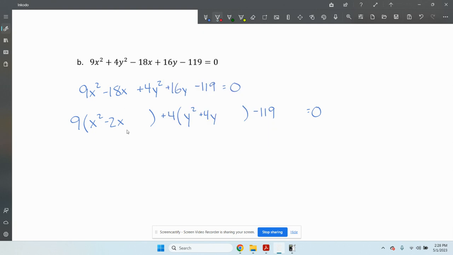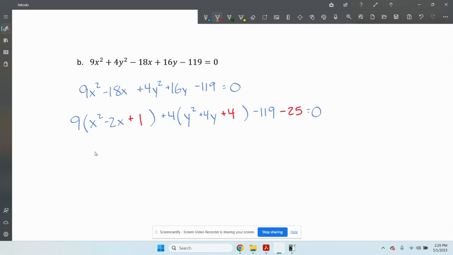Divide this by 2 and square it, that would be 1. Divide this by 2 and square it, that would be 4. So what did I really add to this equation? I didn't add 5. I added 9 and 16. I added 25. So I'm going to subtract 25.